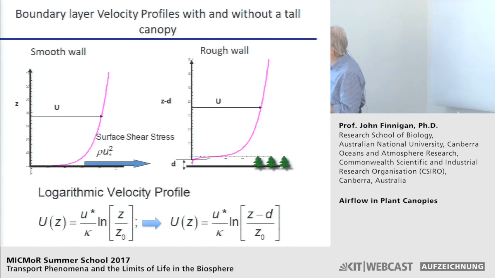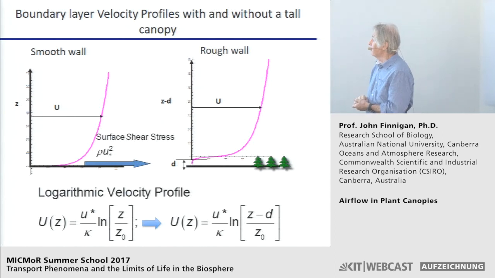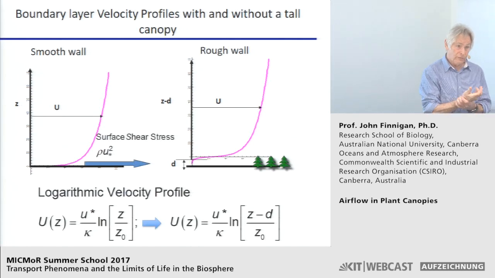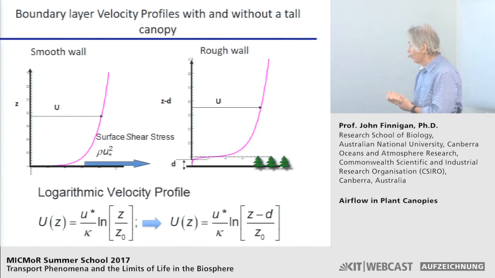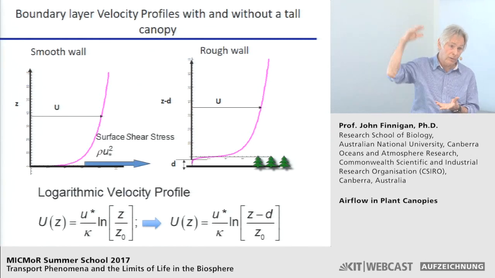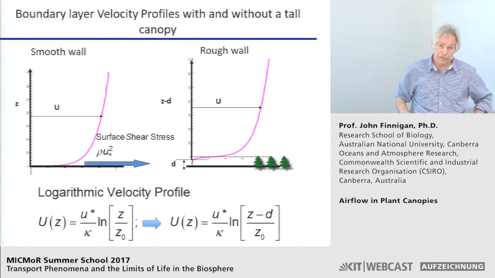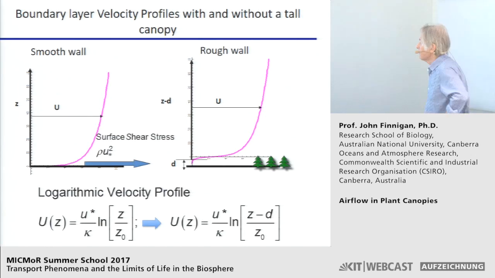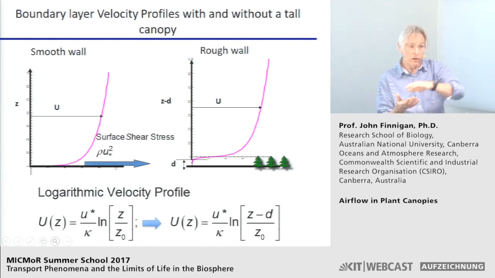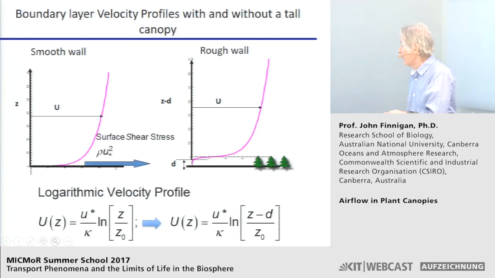And if you're up here in the inertial sublayer, where we still have all of these scaling parameters we've just introduced, so you're assuming you're not interested in the details of canopy flow, you're well away from the canopy, just regard it as a surface, then you've got to behave as if the momentum is being absorbed not at the ground, but at some so-called displacement height, which is effectively the centroid of the drag on the plants.